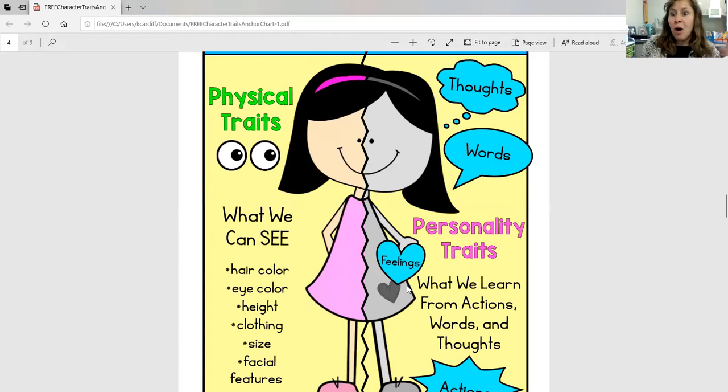Okay, is she wild? Or is she running? Her actions. Okay, is she nice to her parents? Okay, so these are all her traits. Got it? So be thinking of this when we are starting to read the book. Okay.